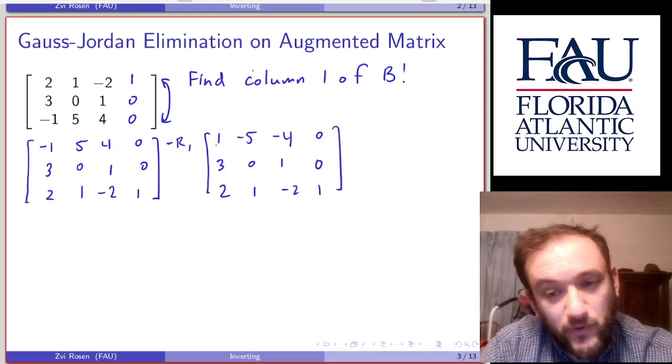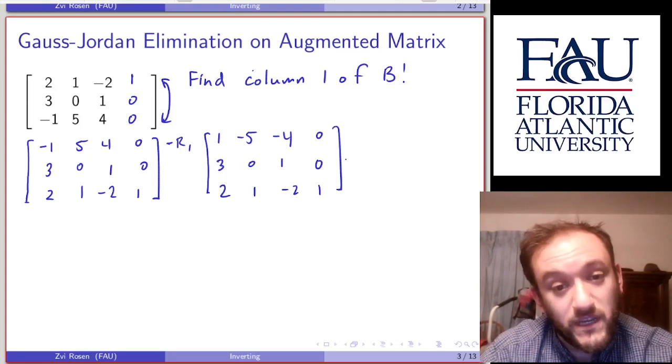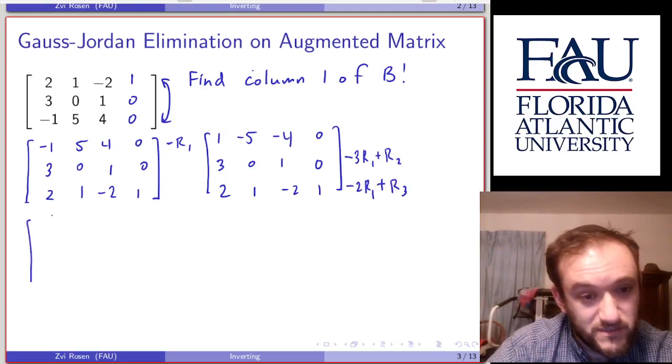Okay, next up, we want to cancel out everything in the same column as our leading 1. So we take -3 row 1 plus row 2, and -2 row 1 plus row 3. What we get is first row stays the same.